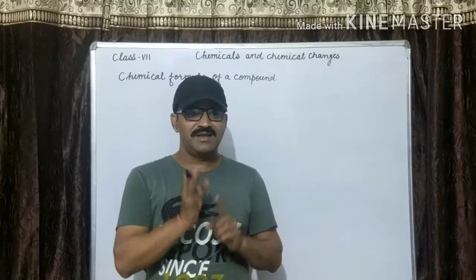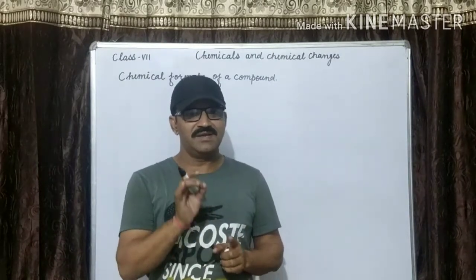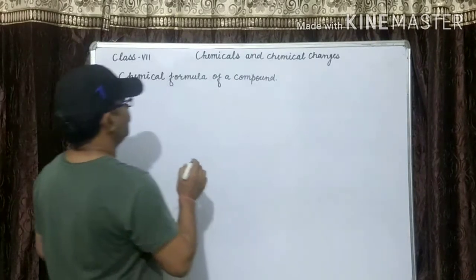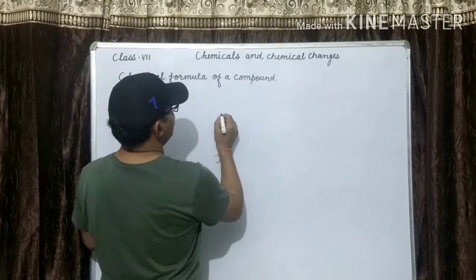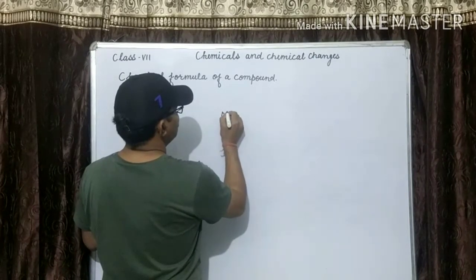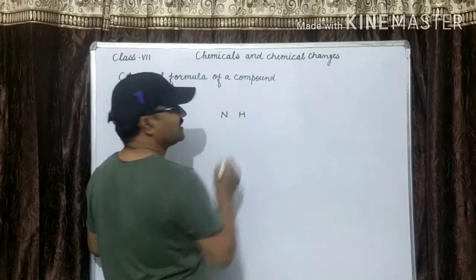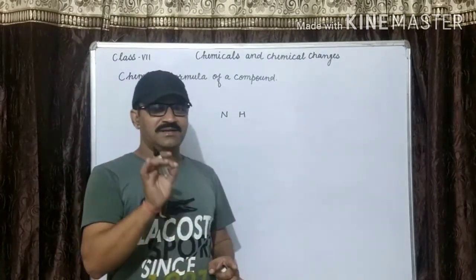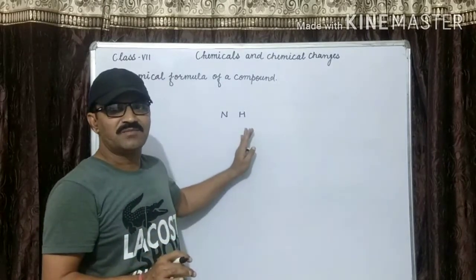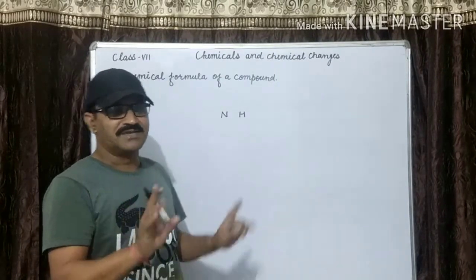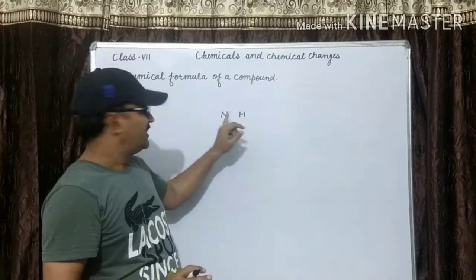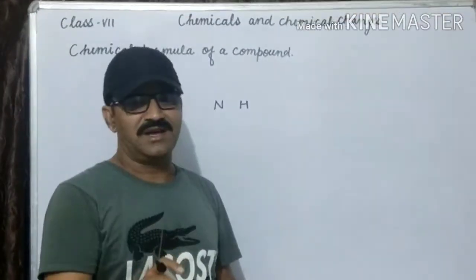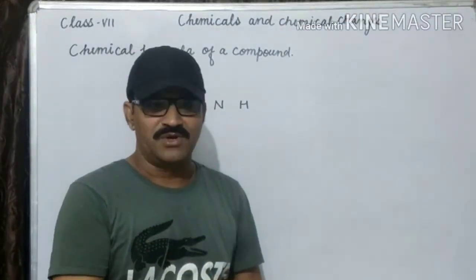In ammonia, the elements present in the molecule of ammonia are nitrogen and hydrogen. What are the elements present in ammonia? Nitrogen and hydrogen. First thing is clear: write the symbols of the elements present in the molecule of the compound side by side. Nitrogen and hydrogen are the elements present in one molecule of ammonia.